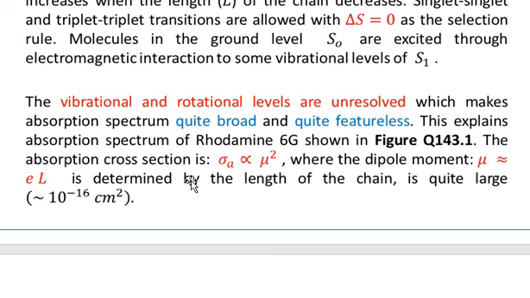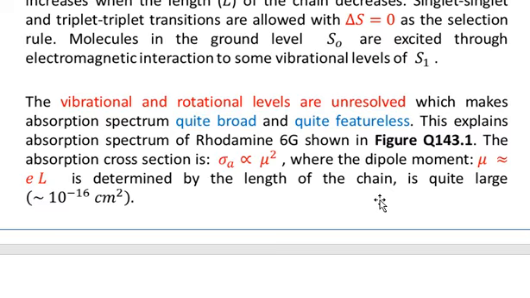The absorption cross section sigma A is proportional to mu square. This has been established earlier in the theory on laser physics. So sigma is proportional to mu square, where the dipole moment mu is given by the product of electronic charge and the separation L, the length of the potential well. So mu is equal to eL, determined by the length of the chain, and is quite large.